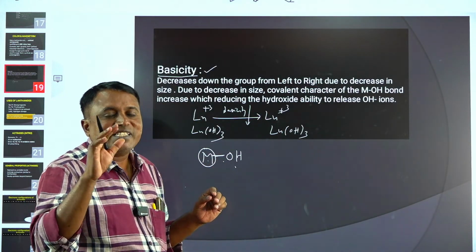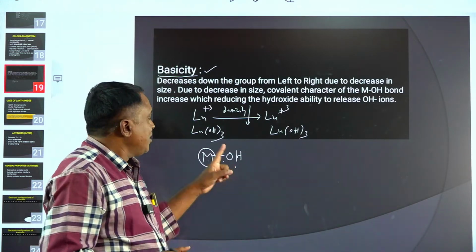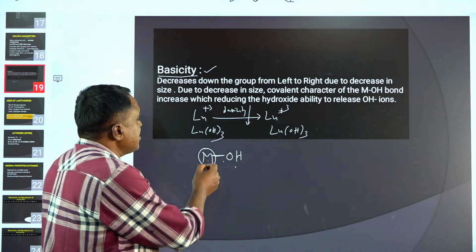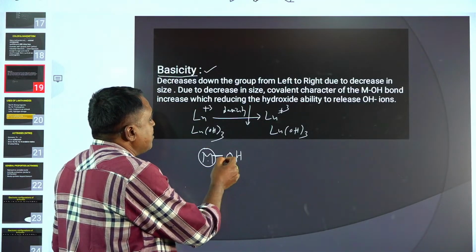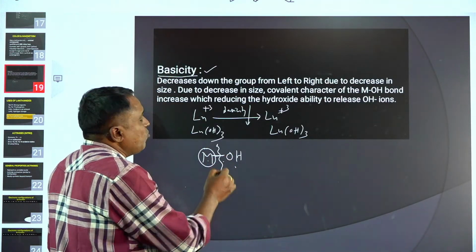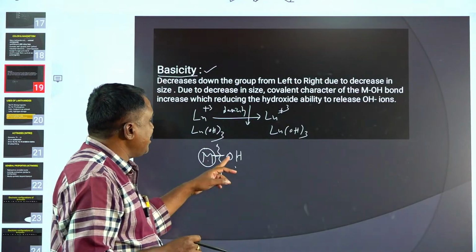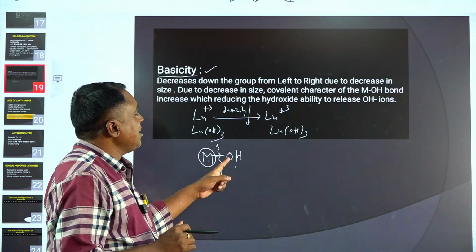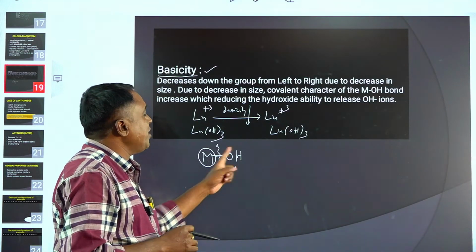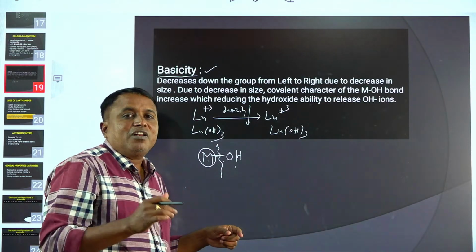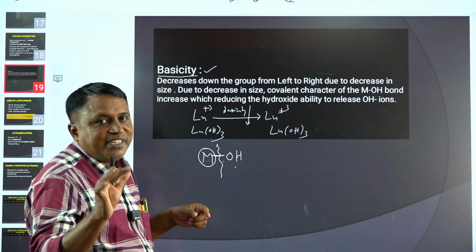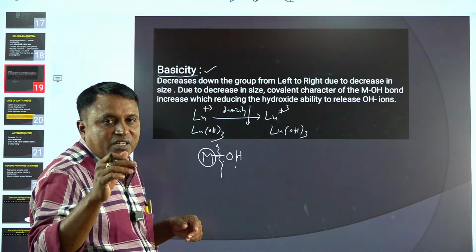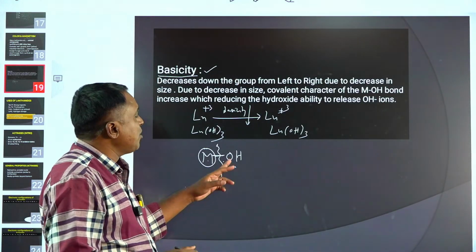So due to the decrease in size, what will happen? The covalent character between the metal and OH bond is increasing. This is the metal and this is the OH. Due to the increase in covalent character between the metal and OH, the ability to release the OH group is reduced. Generally, a base that releases the OH group easily will be more basic.